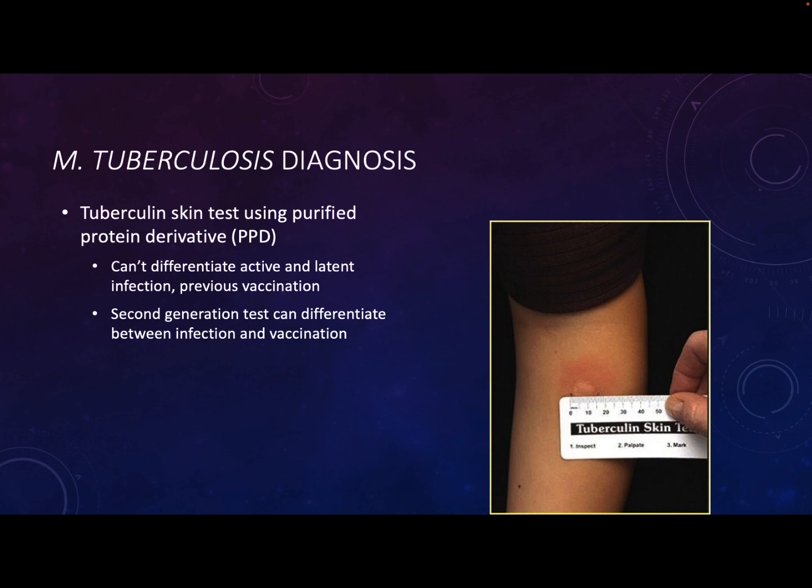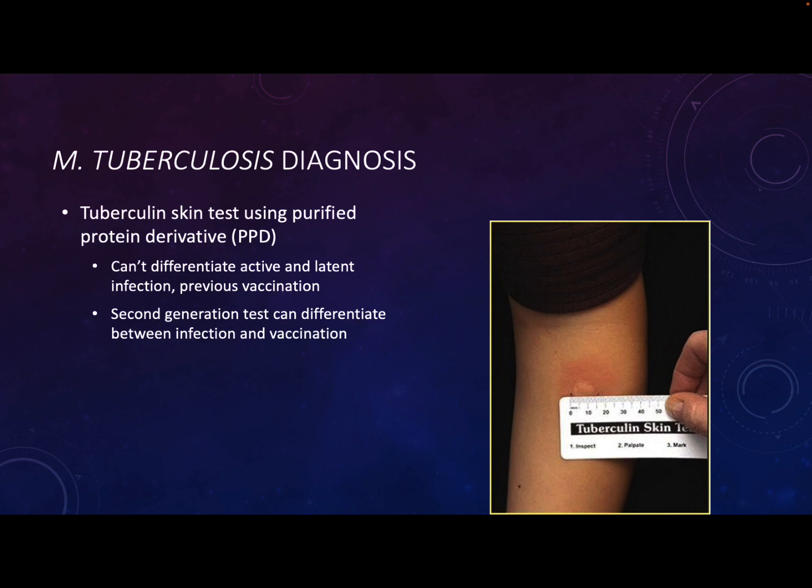People who were born and have lived in the US their entire lives are almost never vaccinated against tuberculosis. So if you're positive, that's a sign that you might have a latent or an active infection. But people born in other countries sometimes do test positive simply because they were vaccinated. So they have that memory and they will show up as having an immune response.